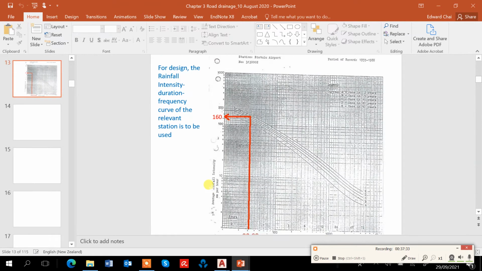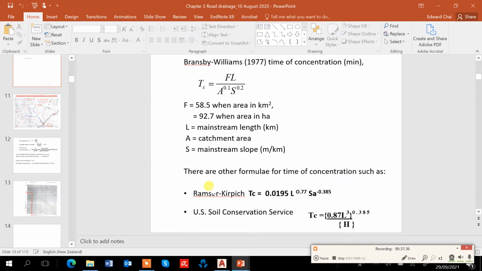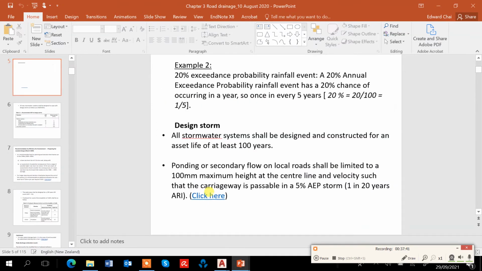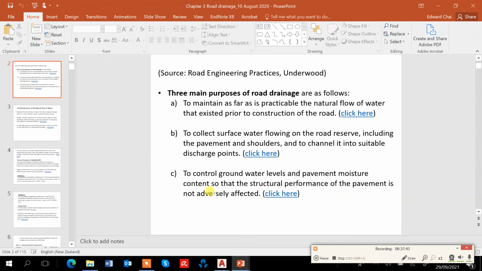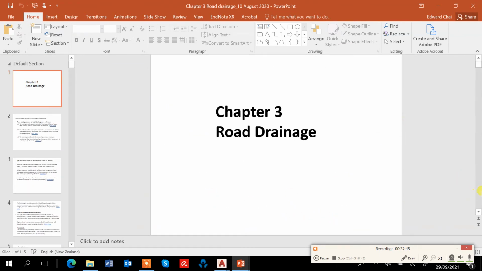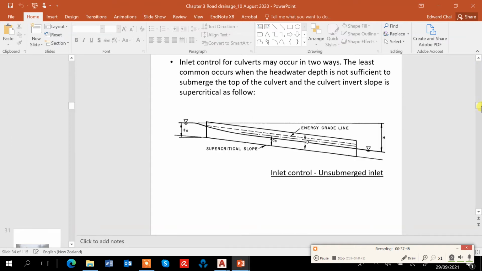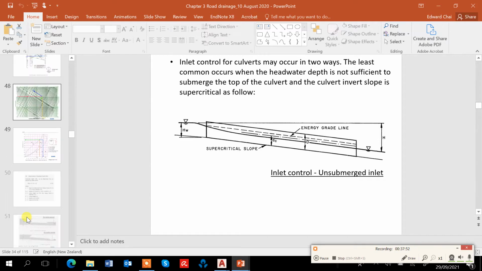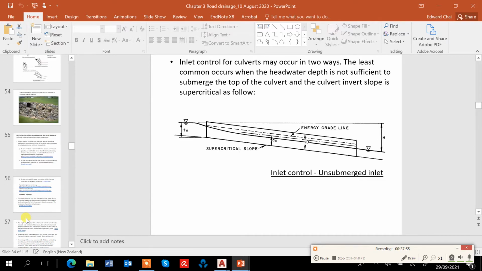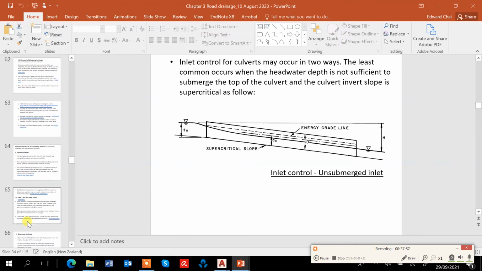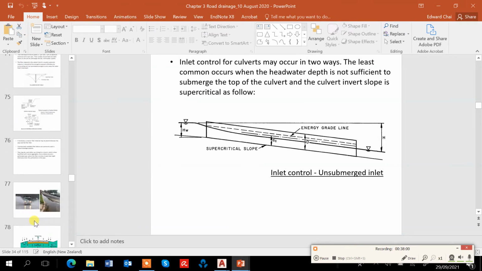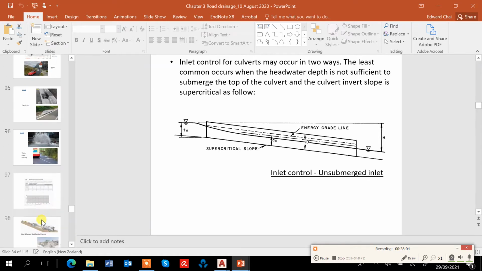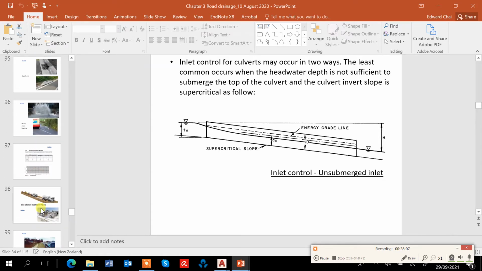Let me see, where's the NIWA chart? Probably at the back.